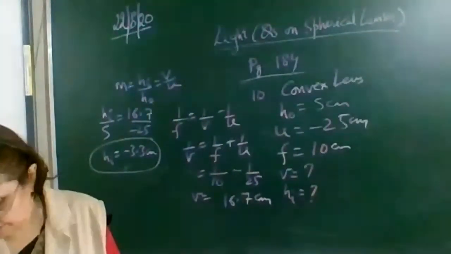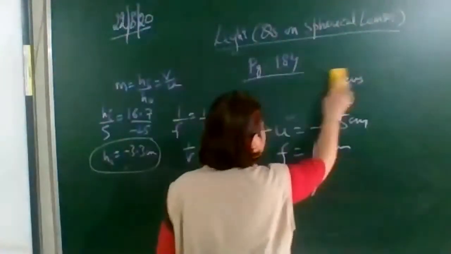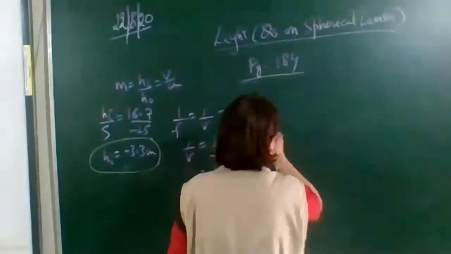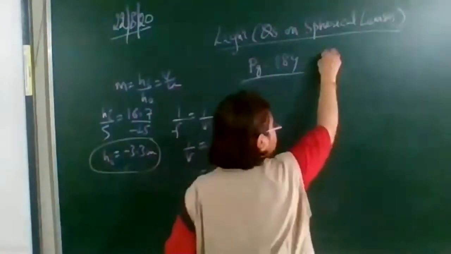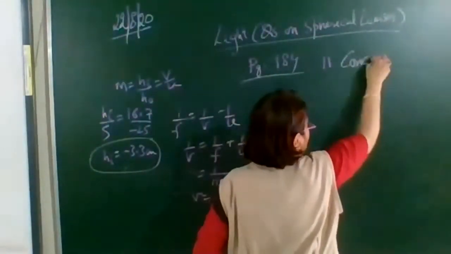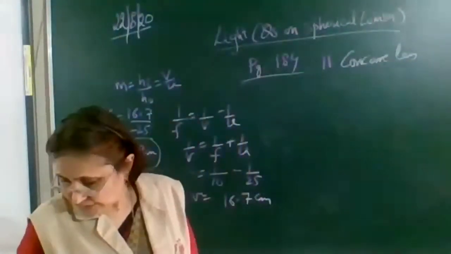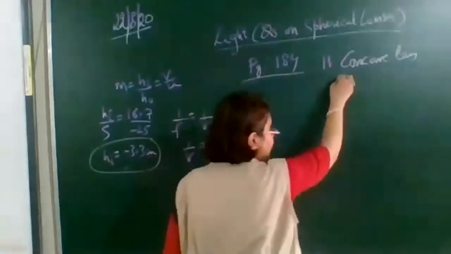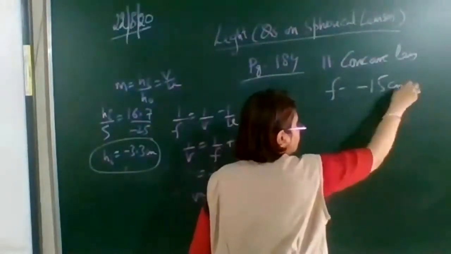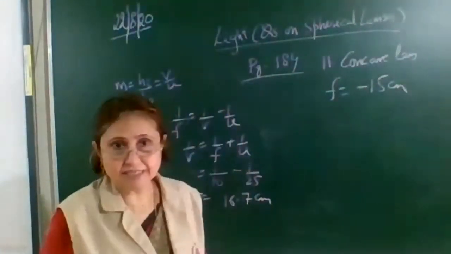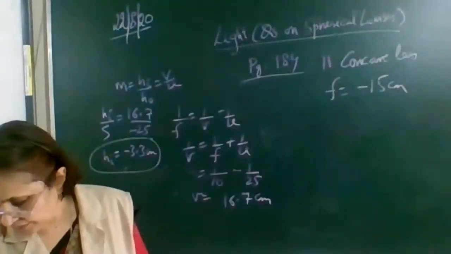Hurry up, 15 seconds more. Question number 11. It's a concave lens. Focal length is 15 centimeter. That is why we write it here. So we have to know according to the sign convention, for a concave lens, the focal length is negative.